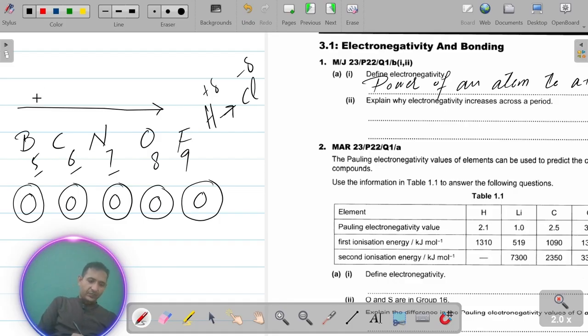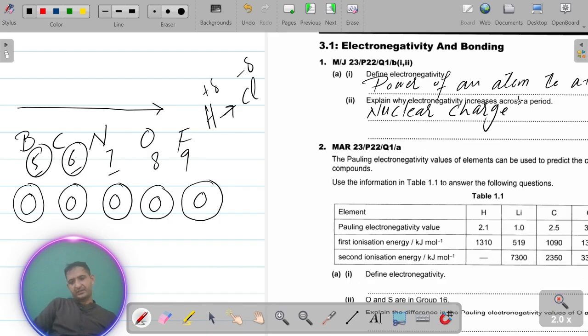So you can see across the period no extra shell is being added. If I write the reason, the first reason is that nuclear charge is increasing. Proton number, or nuclear charge, increases. And when the nuclear charge is increasing, the force of attraction between the nucleus and the electrons is also gradually increasing.